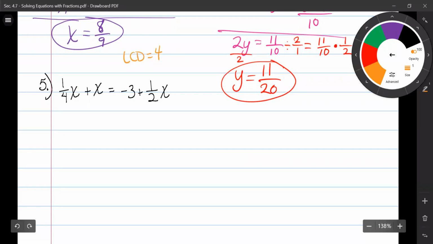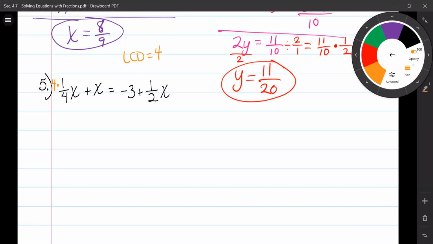All right, so basically we're going to multiply across the whole equation times 4. So every term has to get multiplied by 4. And if you want to call that 4 over 1, that's the same thing. So basically when you're multiplying, 1/4 x is a term of the equation. So you're multiplying the numerator times 4.